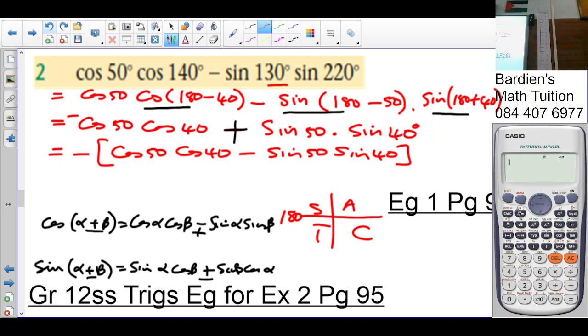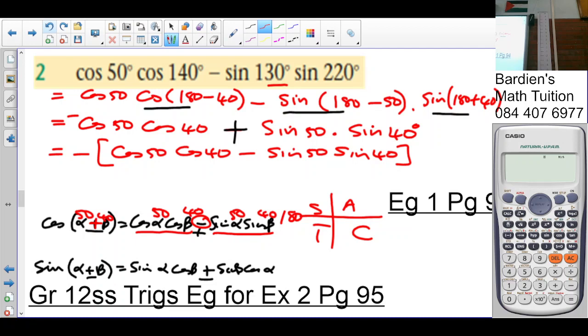So what do I see now? Now I see cos alpha cos beta minus sine alpha sine beta. Can you see that, people? What is in alpha's place? 50 and 40. So it's the one dealing with minus, so I must go with the plus. So this is going to be 50 plus 40.